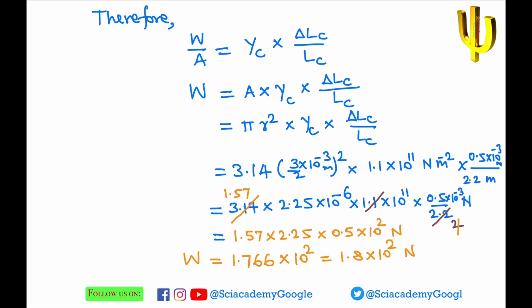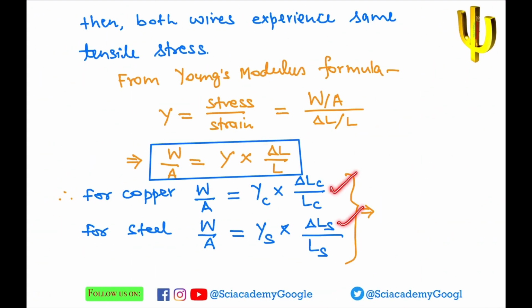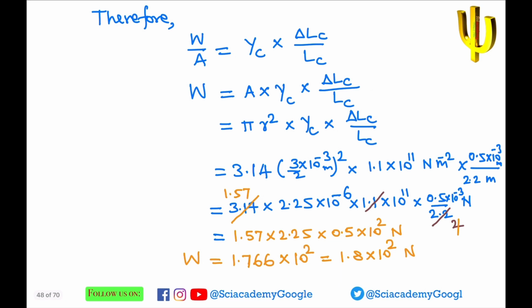We can calculate the applied load by any of the two equations, whether with the help of the copper wire or the steel wire, once we have the values of delta LC and delta LS. Since we have already calculated them, we can easily calculate the load W using either. I have used the relation for the copper wire.